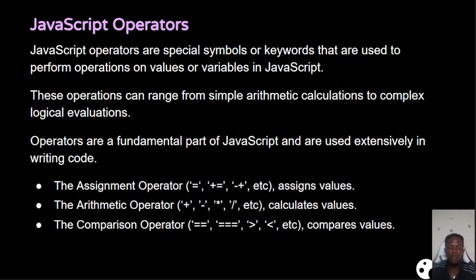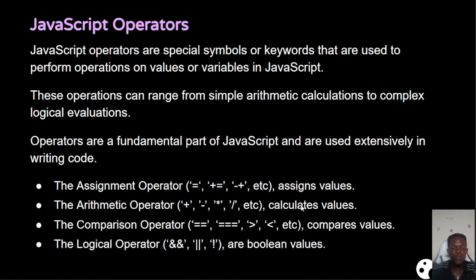So it checks if 5 as a string is equal to 5 as an integer or 5 as something else. It checks for both the value and the data type, unlike the double equal that just checks for the value. Then you have the basic greater than and less than signs.